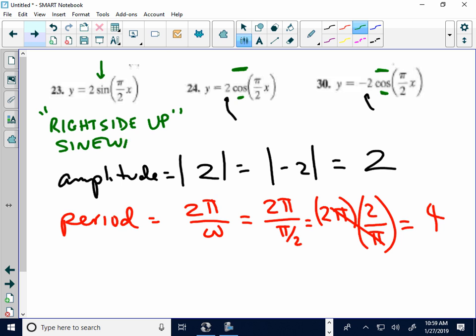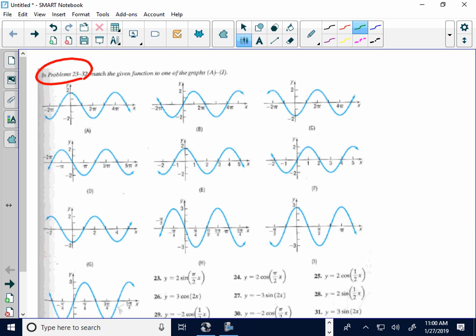We know sine waves pass through the origin, so this particular one will be going through the origin, going like that. So we're looking for a right side up sine wave with an amplitude of 2 and a period of 4. Here are our choices.